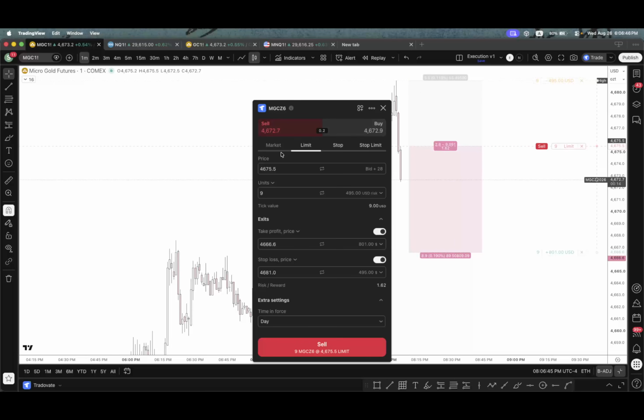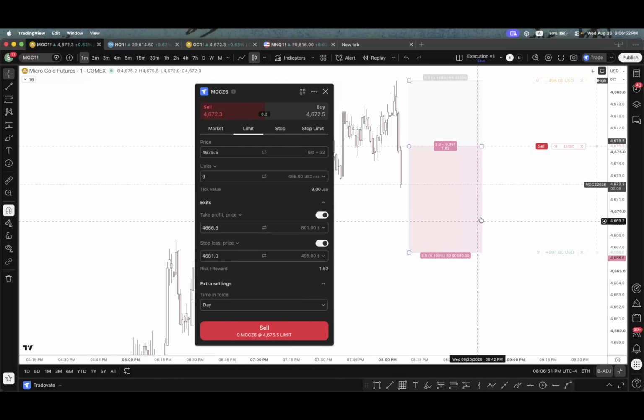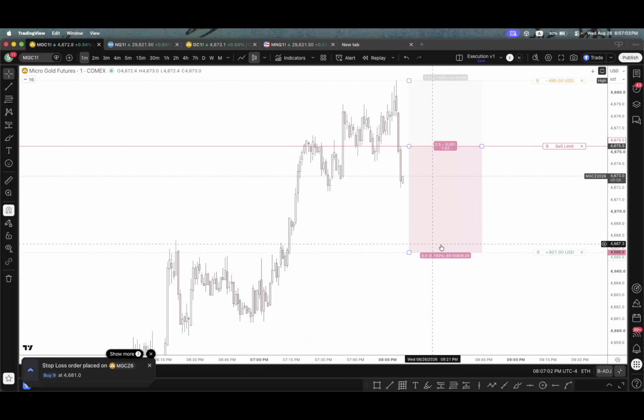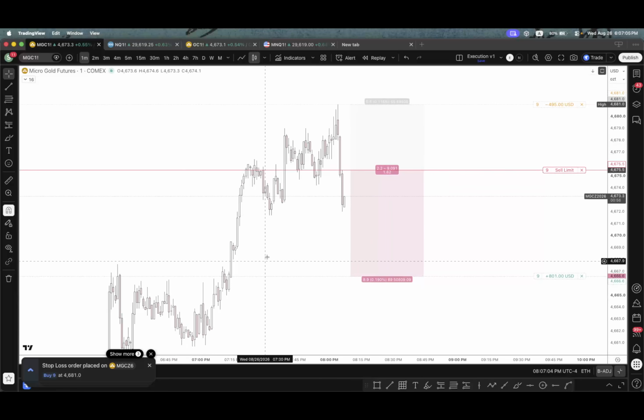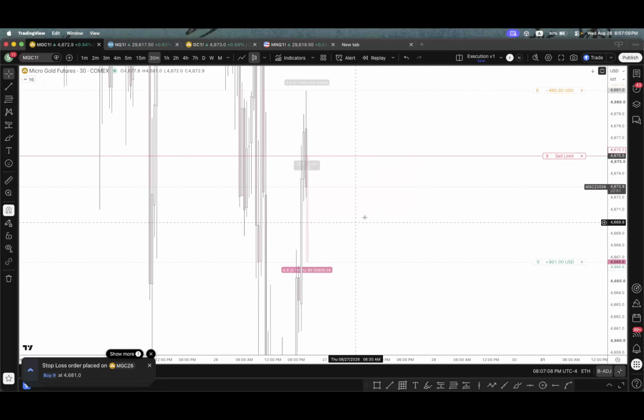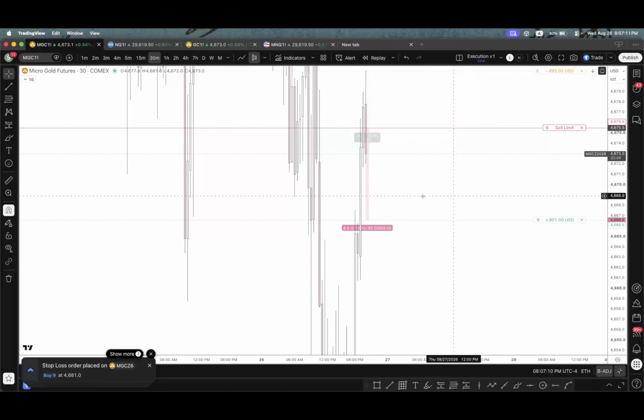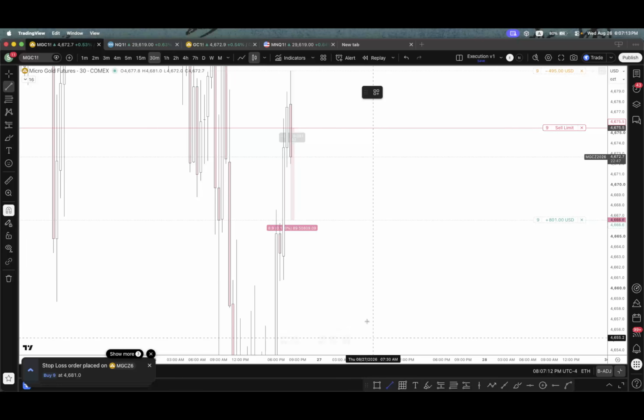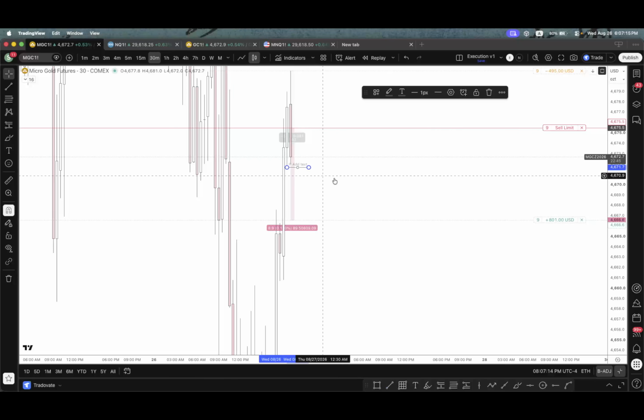9 units, bro. Let's wait for the candle close, and we'll adjust the stop, but we'll wait for the candle close first. There we go. All right, so where are we targeting here? I'm probably going to go break even right here because this is the first 30-minute gap.